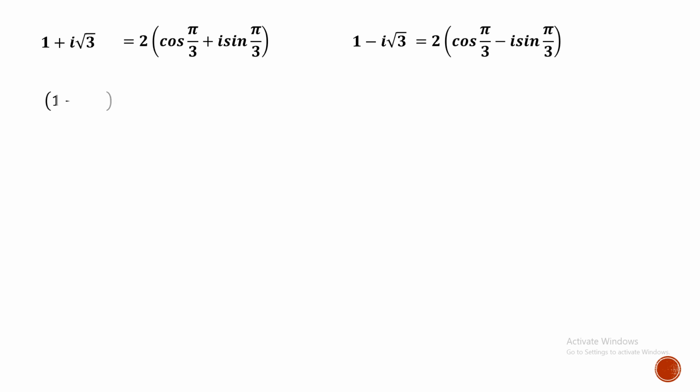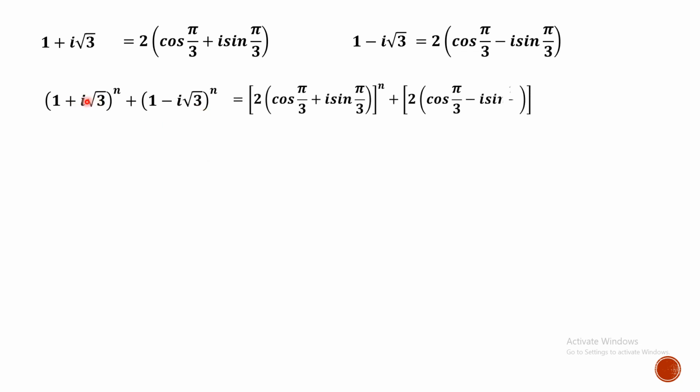So 1 plus i root 3 the whole power n plus 1 minus i root 3 the whole power n will be equal to 2 into cos pi by 3 plus i sin pi by 3 the whole power n, plus 2 into cos pi by 3 minus i sin pi by 3 the whole power n.